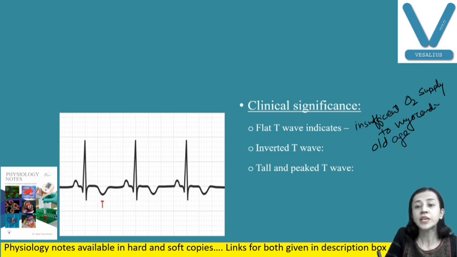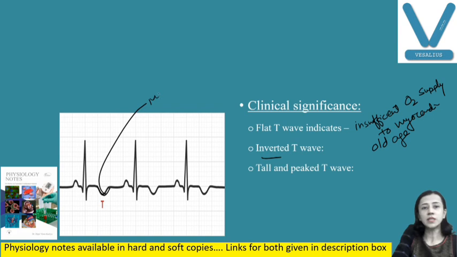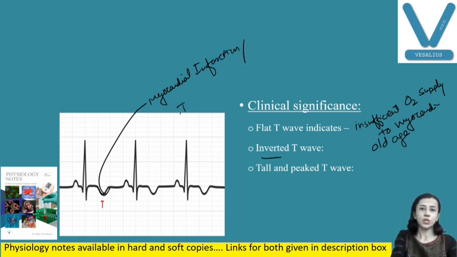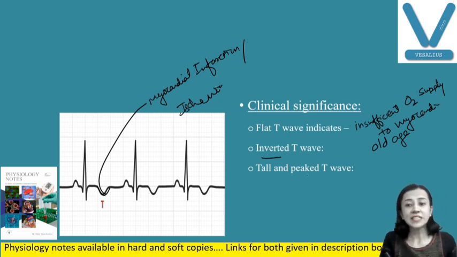If you find an inverted T wave, you can see here, this is an inverted T wave. It is suggestive of myocardial infarction or ischemia. A tall and peaked T wave is found in hyperkalemia, when the potassium level increases.